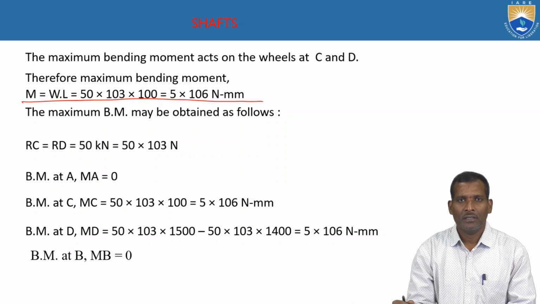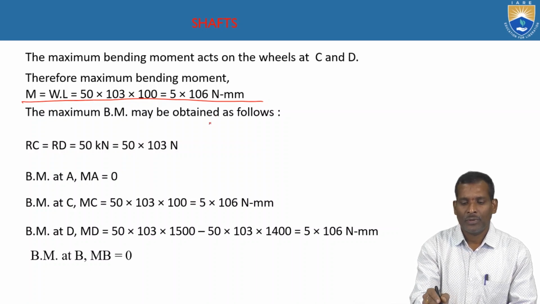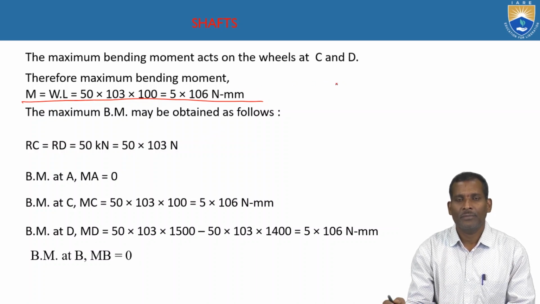Reaction forces R_C and R_D are 50 kilonewtons. The maximum bending moment acts on the wheel set at C and D. So bending moment at A is 0.